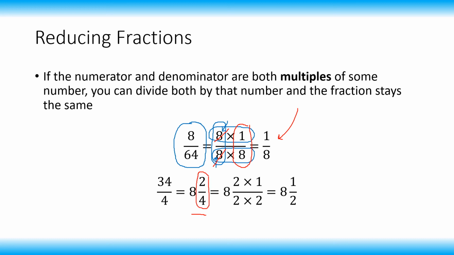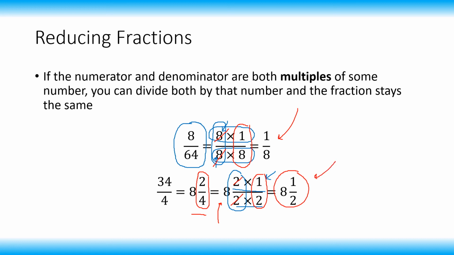So you can rewrite the numerator as 2 times 1 and the denominator as 2 times 2. Then you can pair off one of the 2s on top with one of the 2s on the bottom and cancel them out, which means that in our fraction we're just left with 1/2, and the whole number stays the same. The whole number doesn't have to get bothered at all. So we get 8.5 as our final answer here.